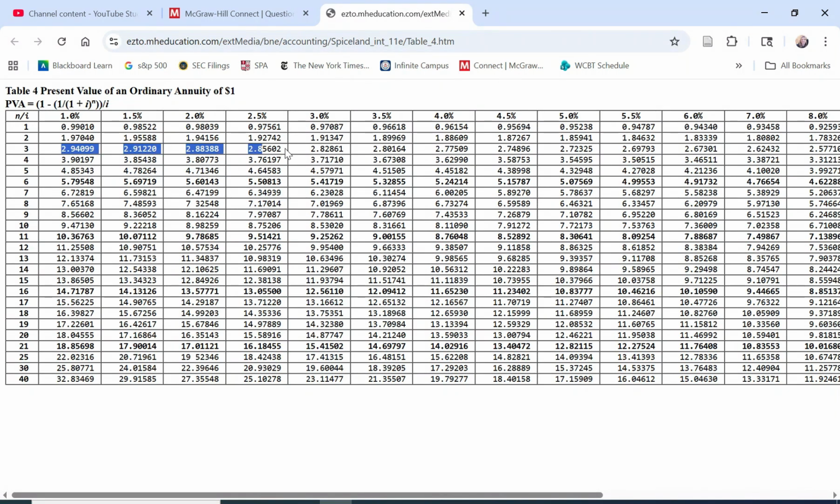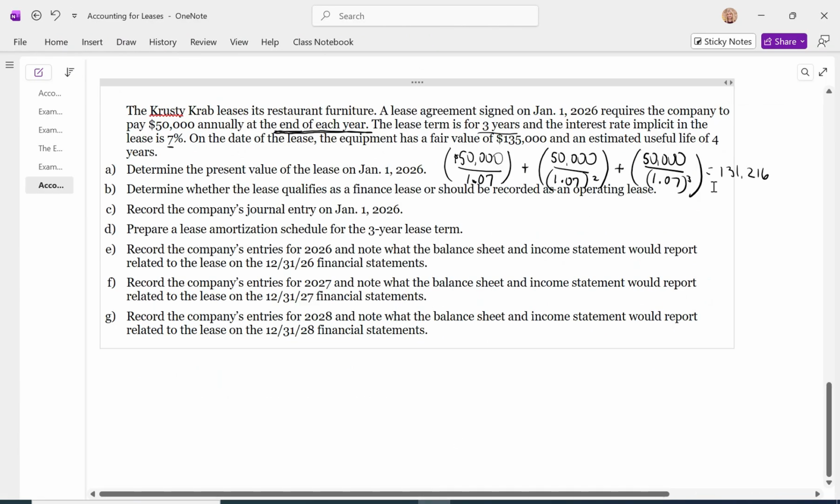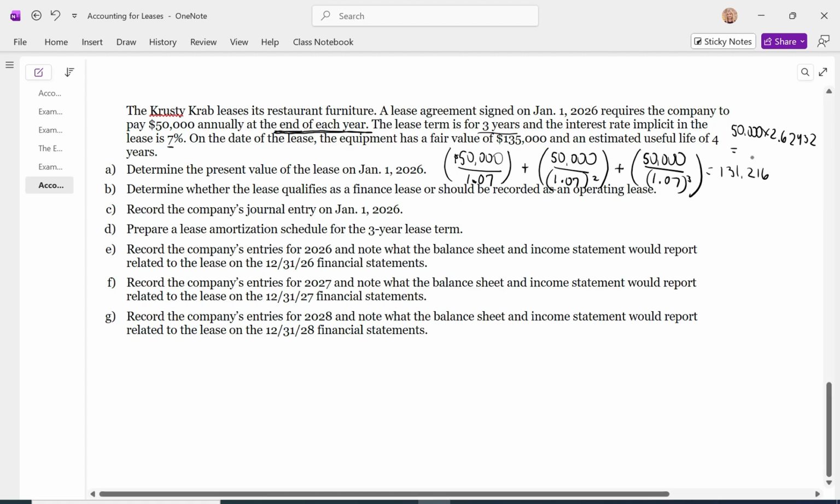The number of periods is 3, and I'm going to go down to 7%, and I see my present value factor is 2.62432. And what I would do here is multiply that present value factor by the payments. And that's going to get me $131,216.